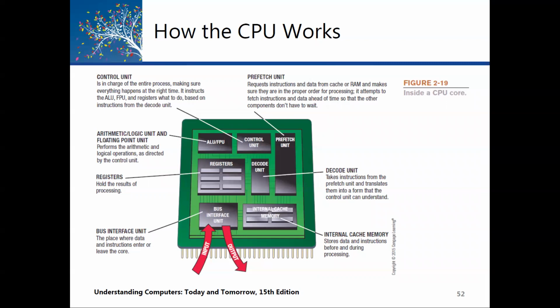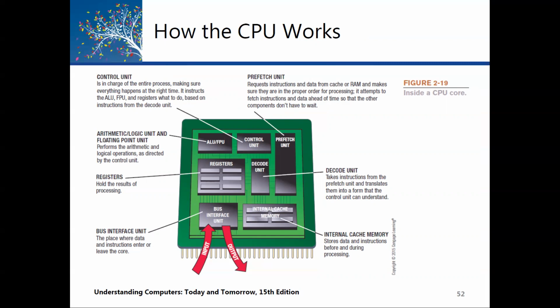The architecture and components included in a CPU, we usually refer to as the microarchitecture. It varies from processor to processor. A simplified example of the principal components that might be included in a single core of a typical CPU is shown here in this figure, right?